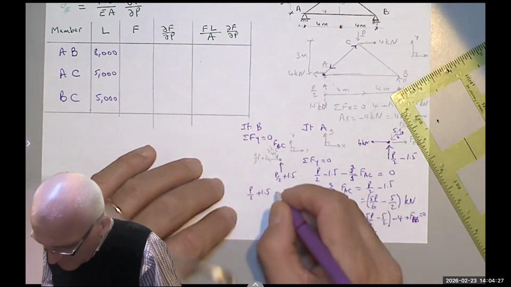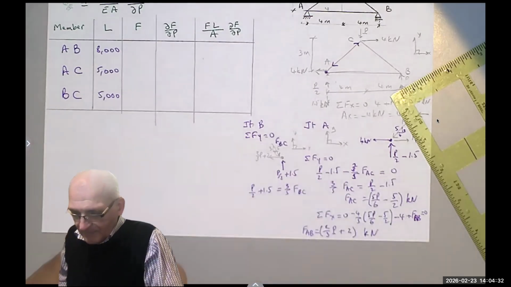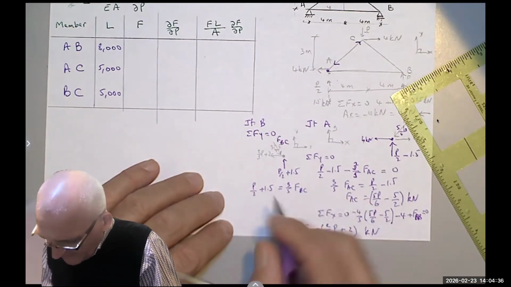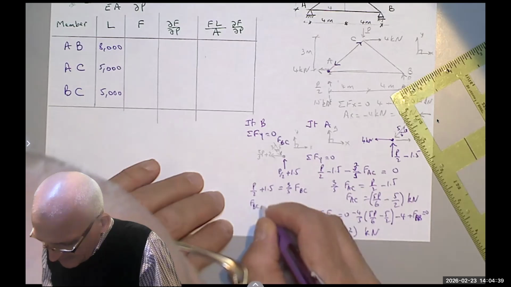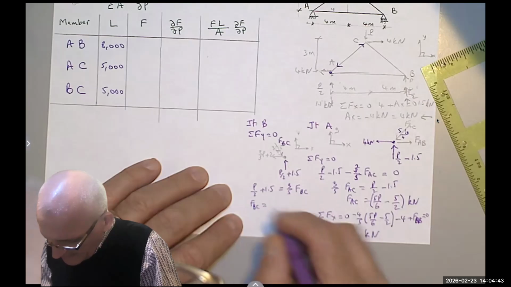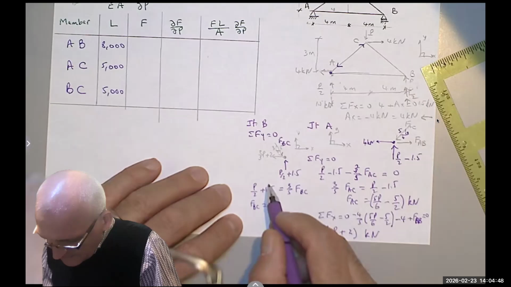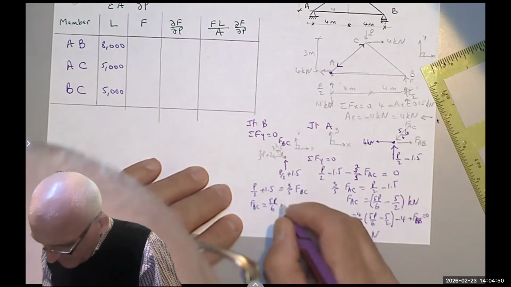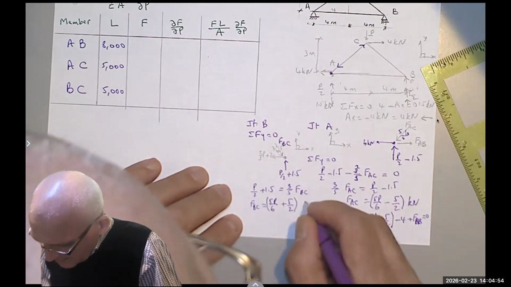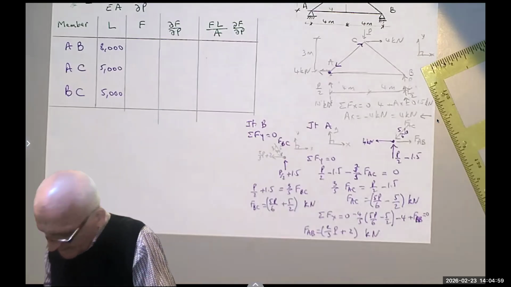So instead, I'm going to say equals 3/5 FBC, meaning I'm going to multiply both sides by 5/3. When you multiply by 5/3, you get FBC. Notice it's compression, but it equals 5P over 6. This is 3/2, so when you multiply it, you get plus 5/2 kilonewton. And this is compression.